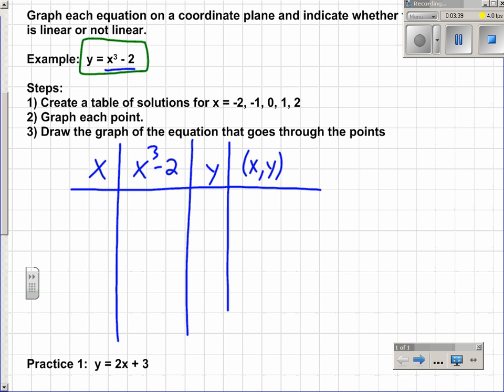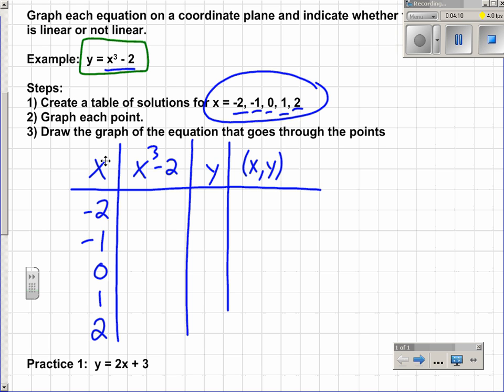The x values that we have to use are -2, -1, 0, 1, and 2. When you set up the table of solutions so that you can get your ordered pairs in order to graph, the x values that you use are always these 5, unless you're given other directions.